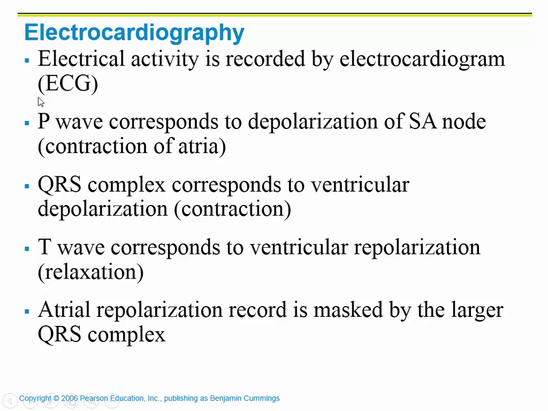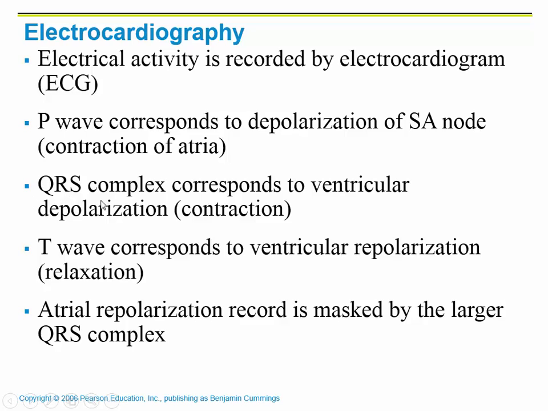So the very first little, it's kind of just a teeny tiny wave. So it's called the P wave. It corresponds to depolarization of the SA node. So depolarization means we're going to contract it. So we're going to contract the atria. So when we depolarize the SA node, it's going to tell the atria to contract.